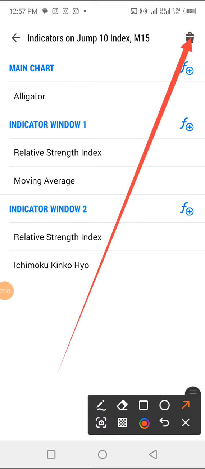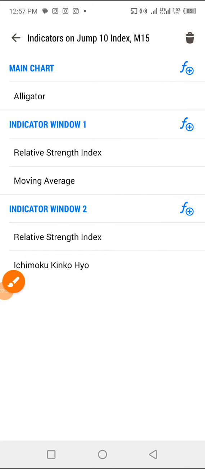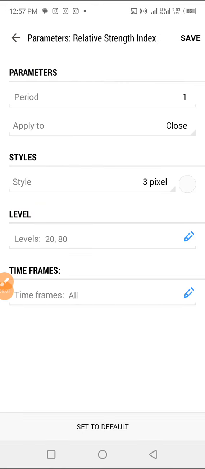You go back to your main chart and search for the RSI again. This time the parameters are almost the same, but the levels are different. We have 20 and 80 as our levels here in the second window for the RSI.